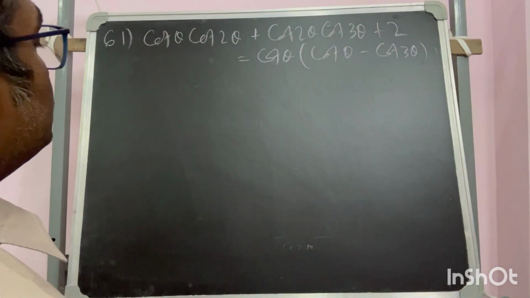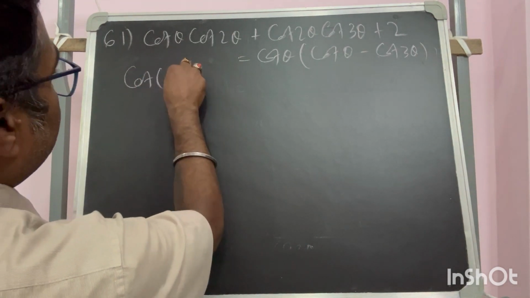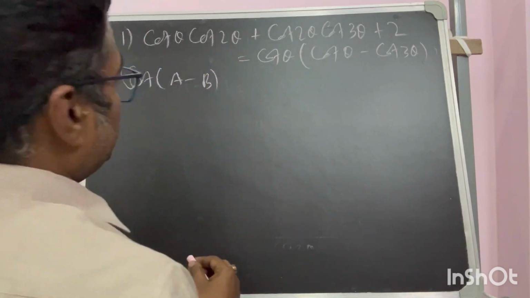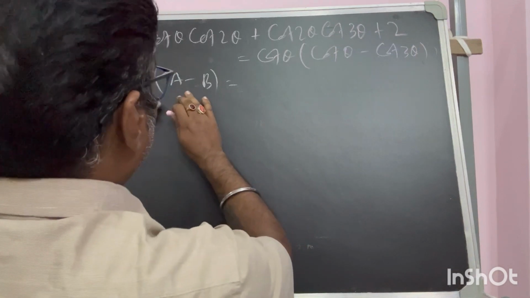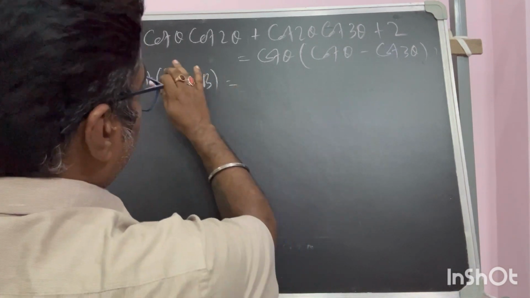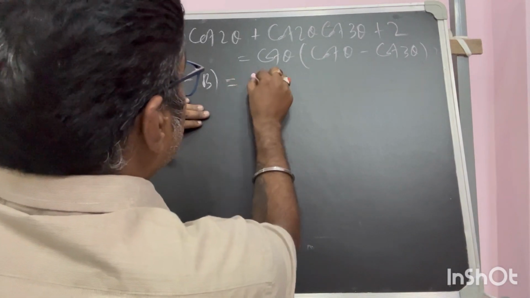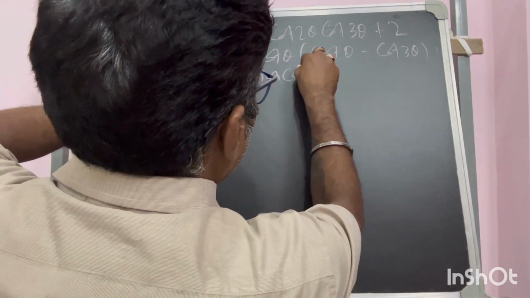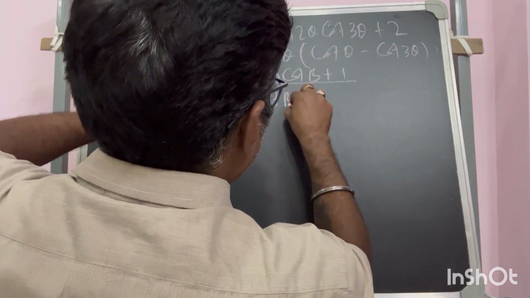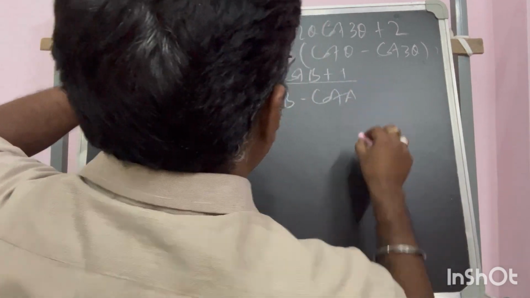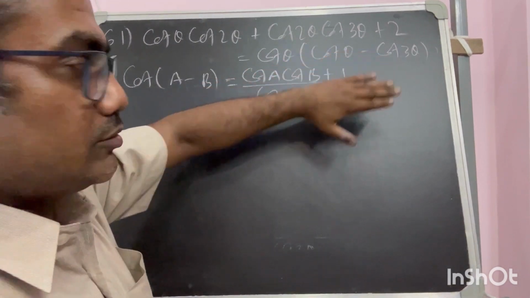Now to do that, we will take the help of one formula, that is cot of A minus B. So I will tell you how it is helpful here before taking any side. So I will bring some formula here from, you can say, the corollary. You know already that cot of A minus B is equal to cot of A cot of B plus 1 upon cot of B minus cot of A. I am not breaking it into sine or cos, because all things are in cot, so I am keeping the cot.